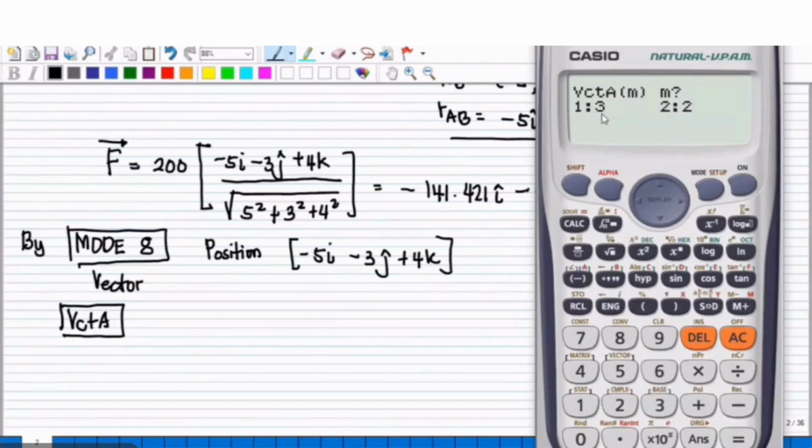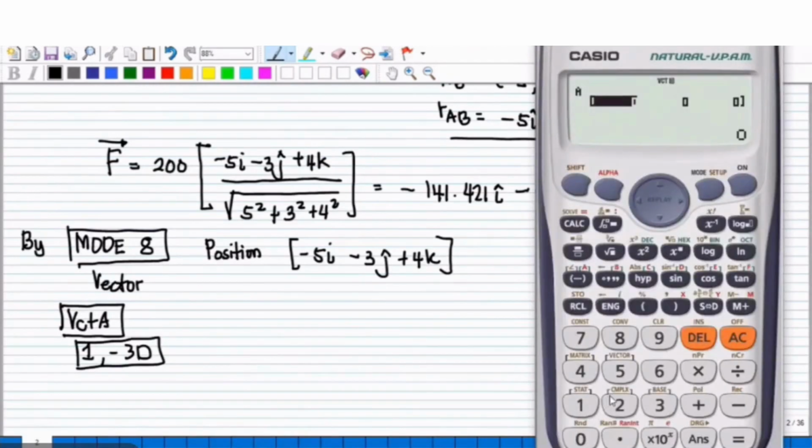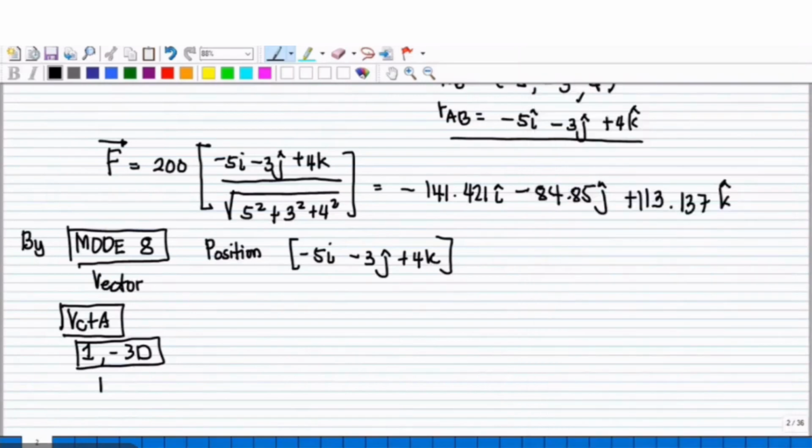So 3 dimension ba siya or 2 dimensions? So 3 dimensions, that's IJK. 2 dimensions, IJ lang. Okay, or XY. So since 3 dimensions, press po natin yung 1. Okay, so 1 for 3 dimension. Okay, then after which i-type natin yung mga numbers. Okay, type the data. Okay, so this is your position vector.